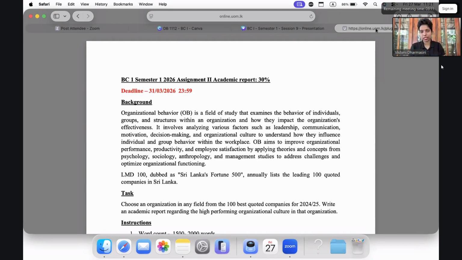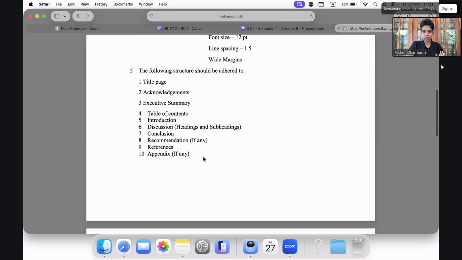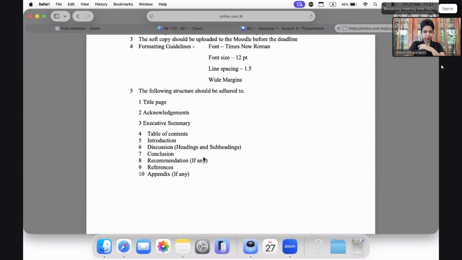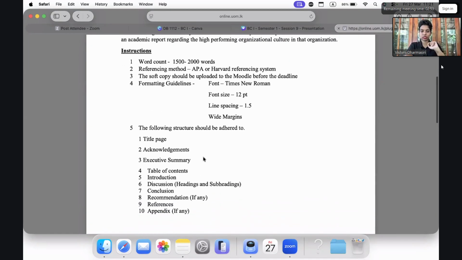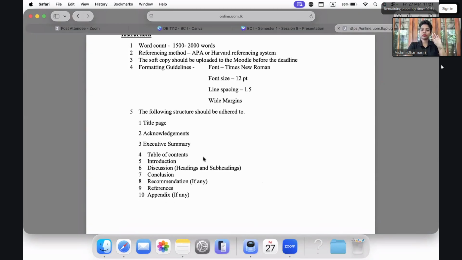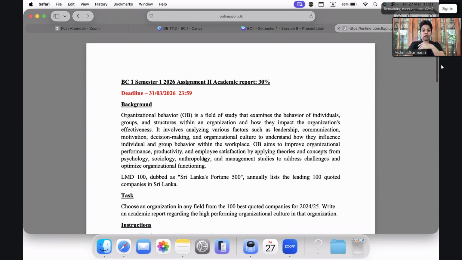Okay, if I say it out loud, these can be your subheadings. Within the discussion section, which is number 6 in the instructions, these headings and subheadings can be the terms I explained above.